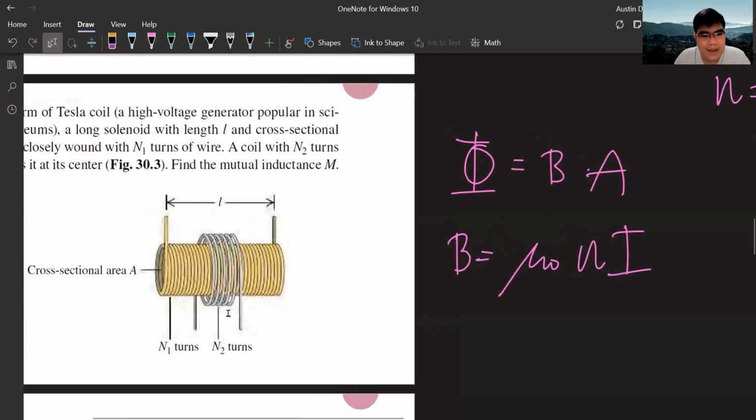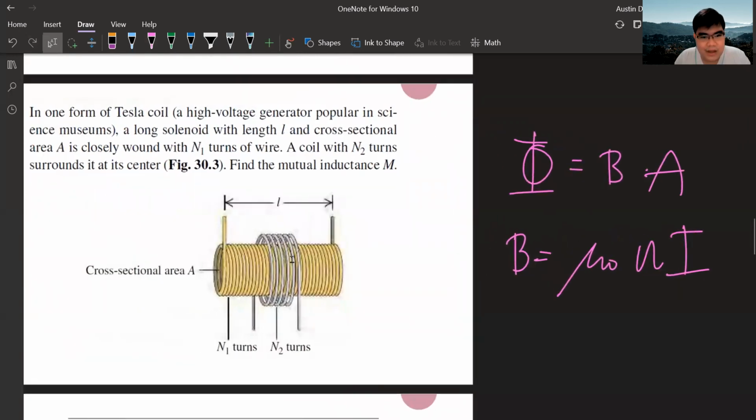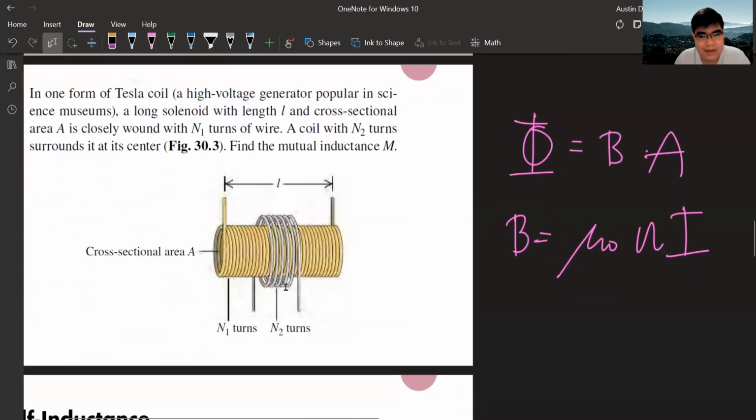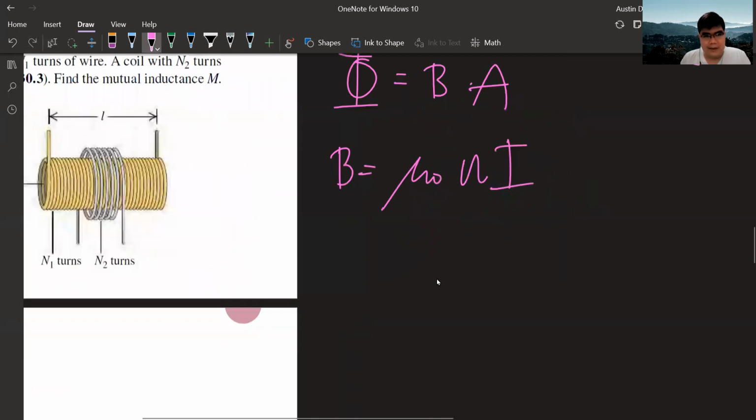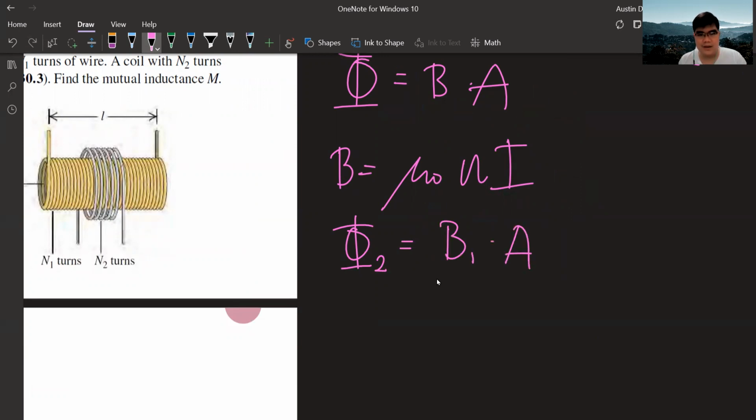Okay. So alamin natin yung flux doon sa N2. This is smaller one. Okay? Alamin natin yung flux doon sa smaller one. And that would be given by flux number 2 must be equal to B1 times A. Okay?